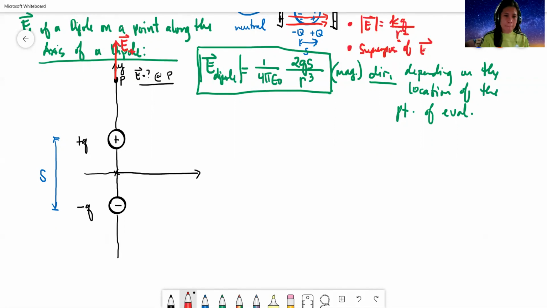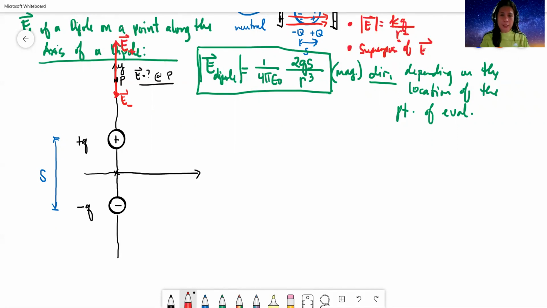So ito siya, this will be downward, but I have to draw this na shorter because it's really obvious that the electric field of the negative charge at point P is really weaker than the electric field due to positive charge at point P because of the value of their R. So this short downward arrow, I will label this as the electric field due to the negative charge.